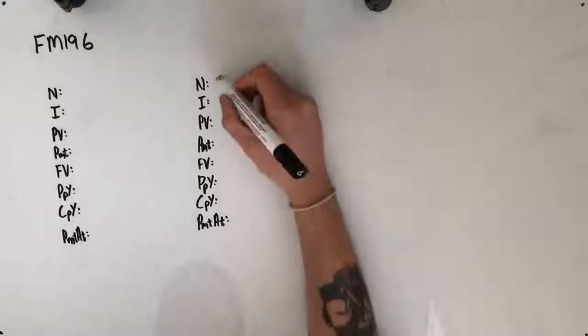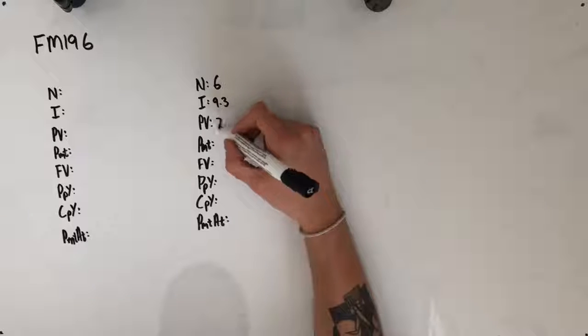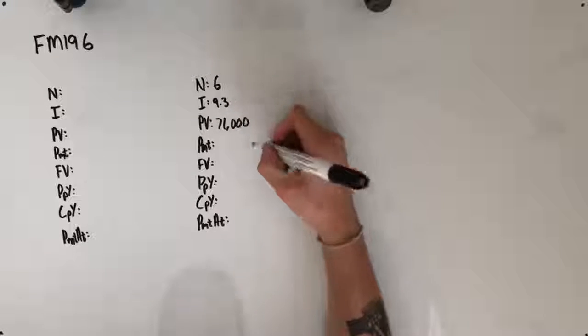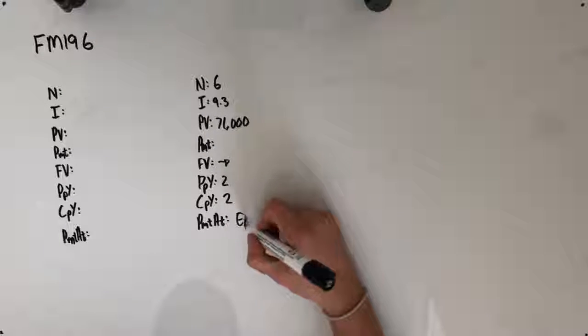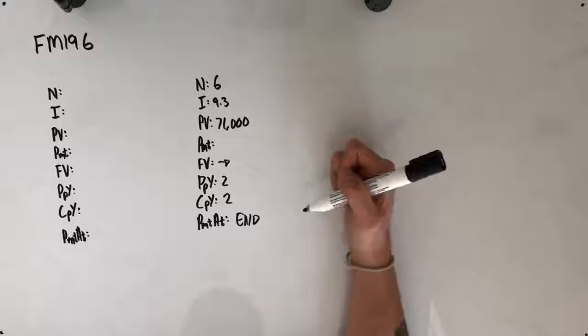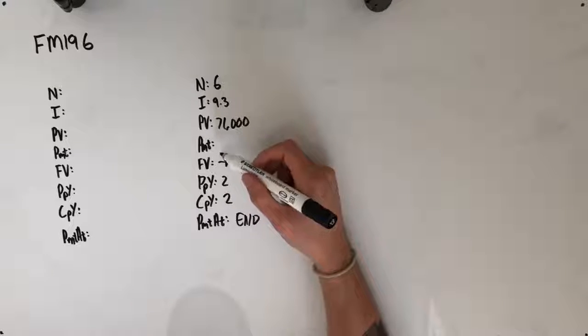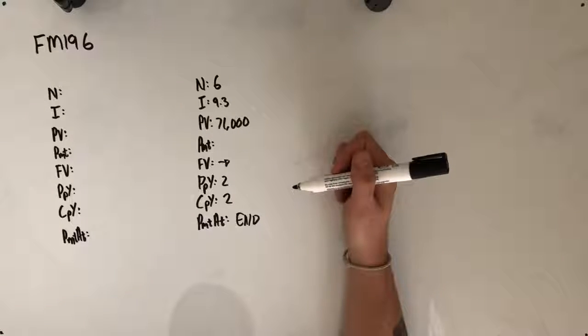Once you put in your 6 months, 9.3%, $71,000, and you knew that you were calculating for future value with 2 and 2, you would have run into the problem where you don't know what the payments being made are, so you can't solve for FV because you've got 2 unknown values there.